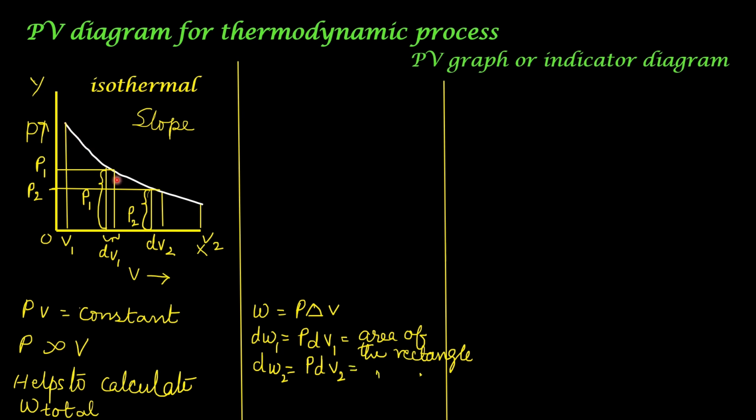In a similar way, the space under this graph can be split into several such infinitesimally narrow rectangular segments, and their areas may be calculated by simply multiplying their sides, that is the distance corresponding to pressure and the small distance dV. Each such area gives the work done for that particular expansion.